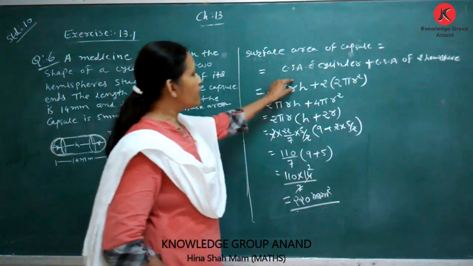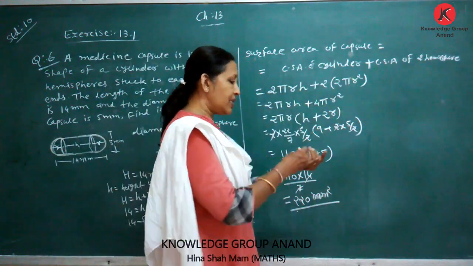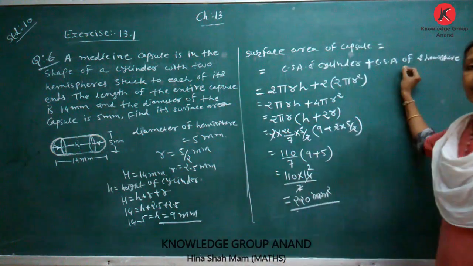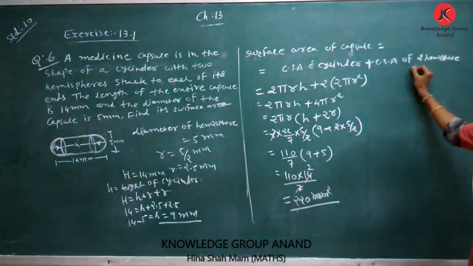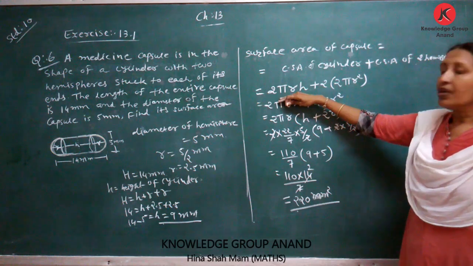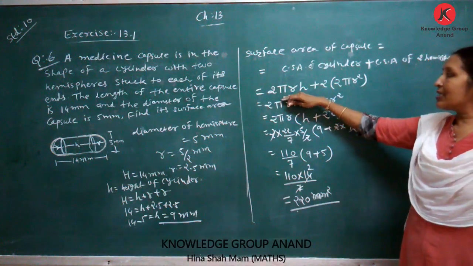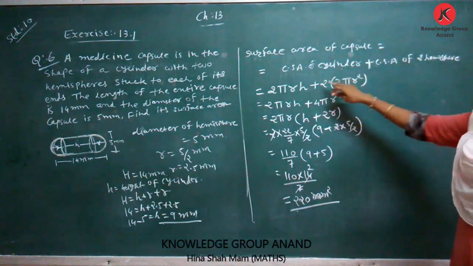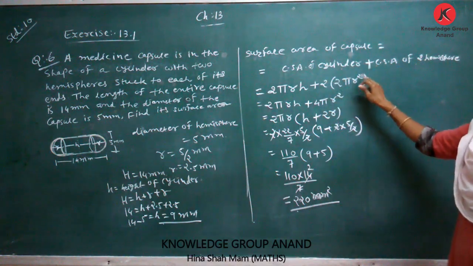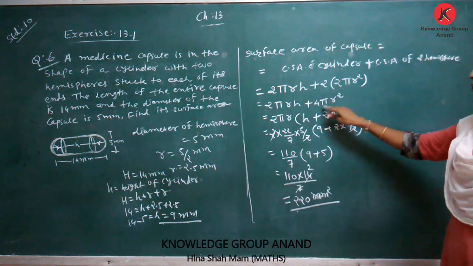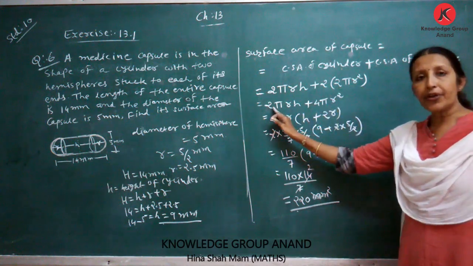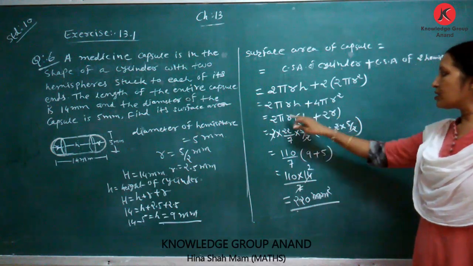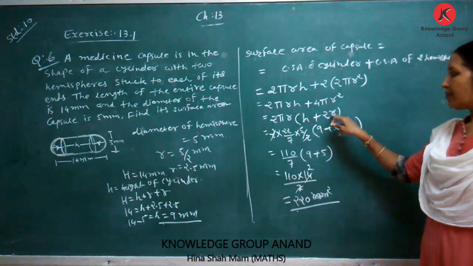Surface area of capsule is equal to curved surface area of cylinder plus curved surface area of two hemispheres. Formula: curved surface area of cylinder is 2 pi r h plus 2 hemispheres, therefore 2 into 2 pi r square, that is 4 pi r square. The common part is 2 pi r into bracket h plus 2 r.